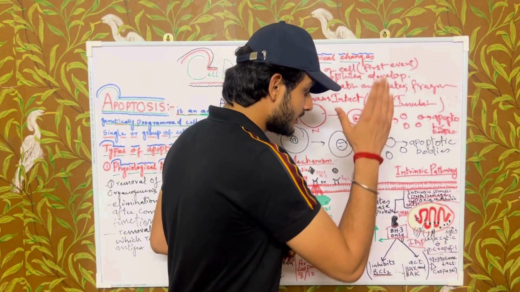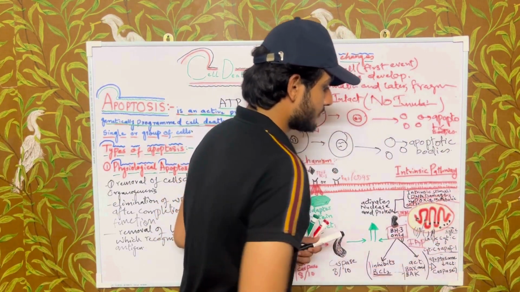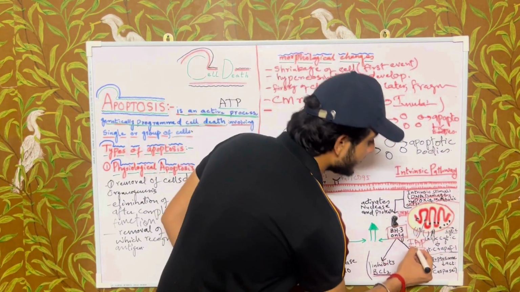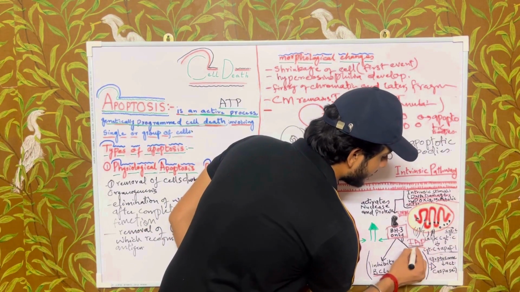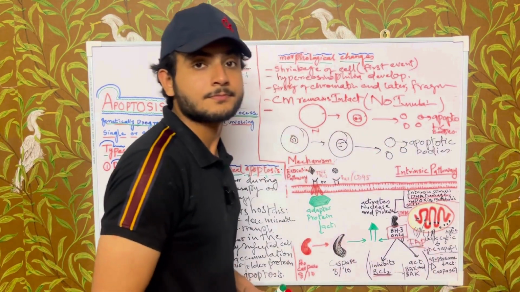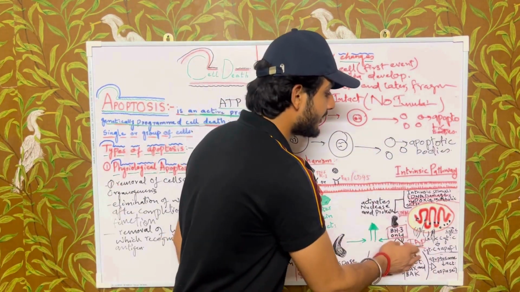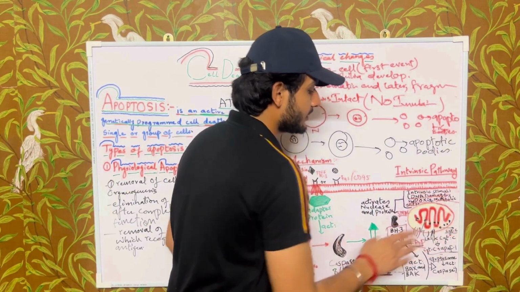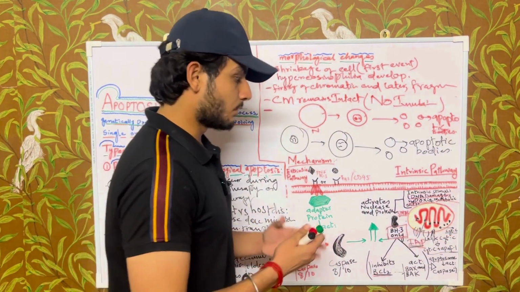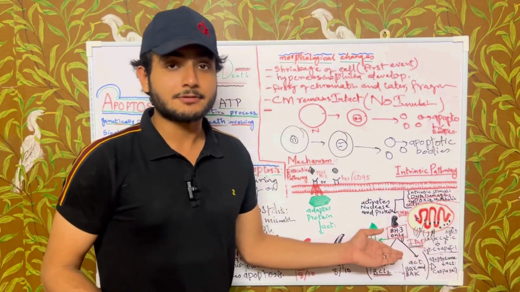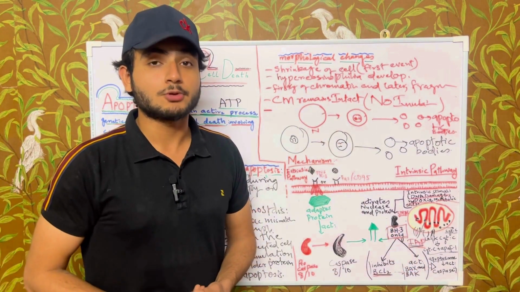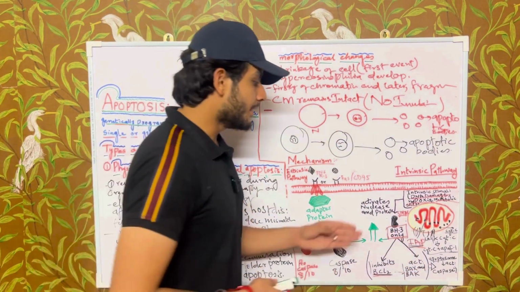This apoptosome gets inhibited by a protein known as IAP, which stands for inhibitor of apoptosis protein. So we have to inhibit this IAP, otherwise apoptosis won't occur.